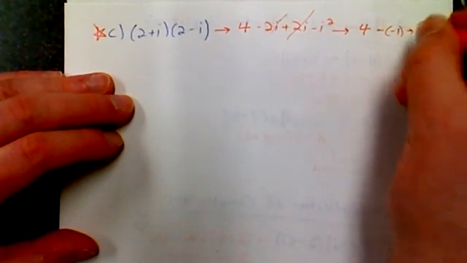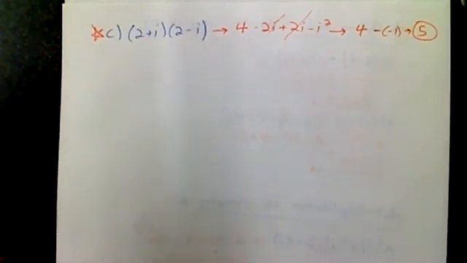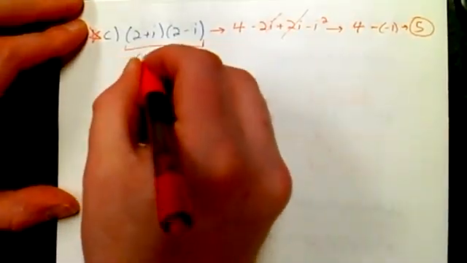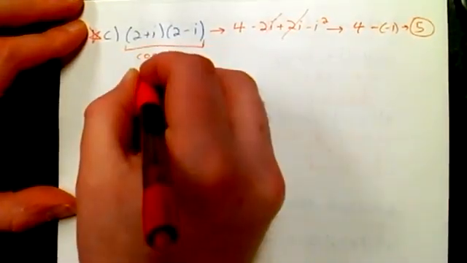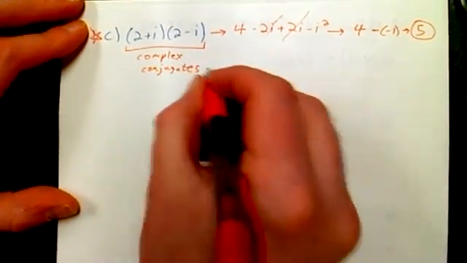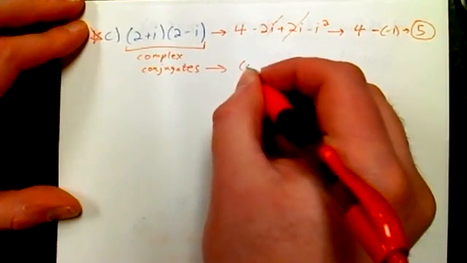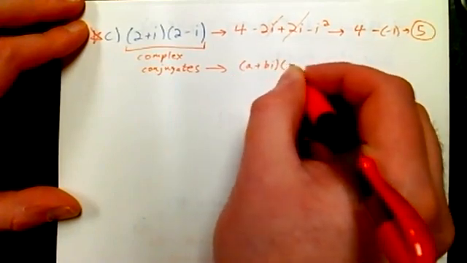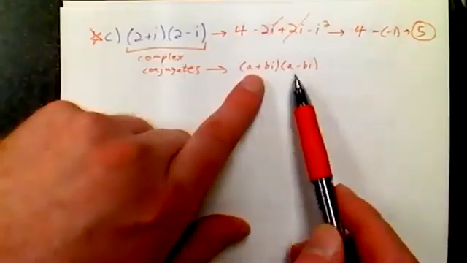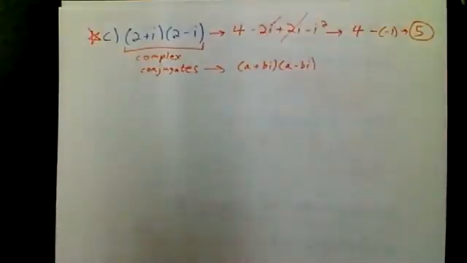In the end, this is just 5. So what I want you to notice here is that we call these a pair of complex conjugates. The only difference really is the sign in between. They're the same thing, just one's a plus bi, one's a minus bi.